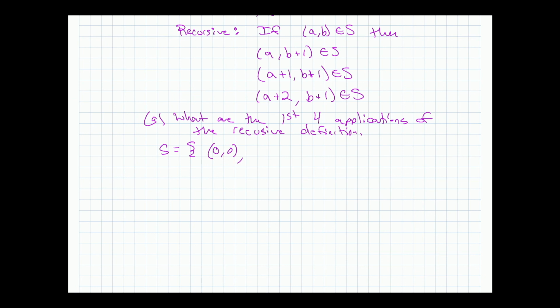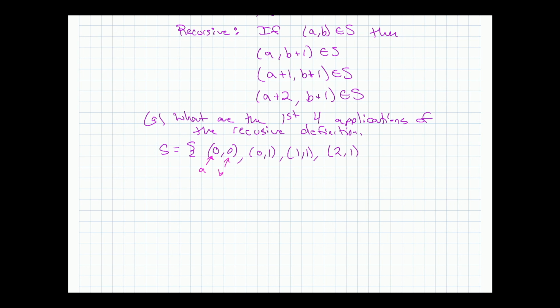So if A, B is 0, 0, then A, B plus 1 is going to be 0, 1. A plus 1, B plus 1 is going to be 1, 1. And then A plus 2, B plus 1 is going to be 2, 1.